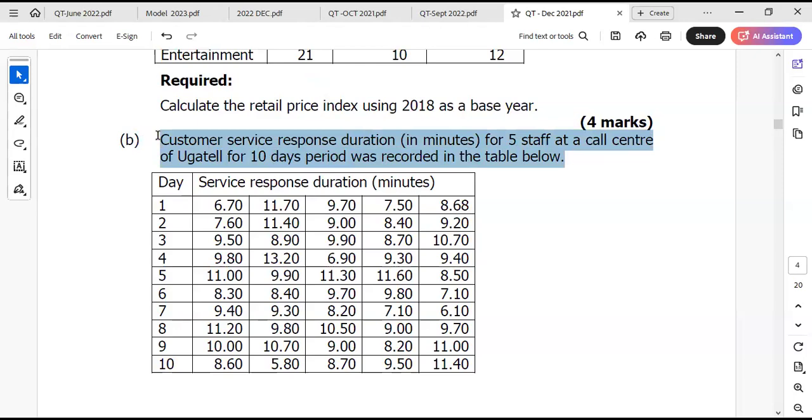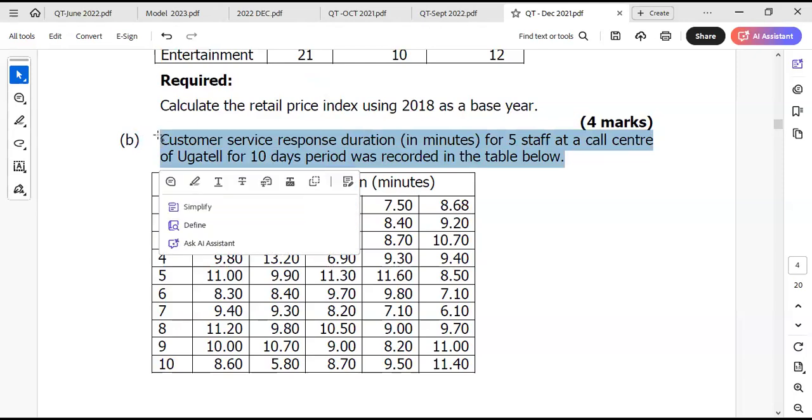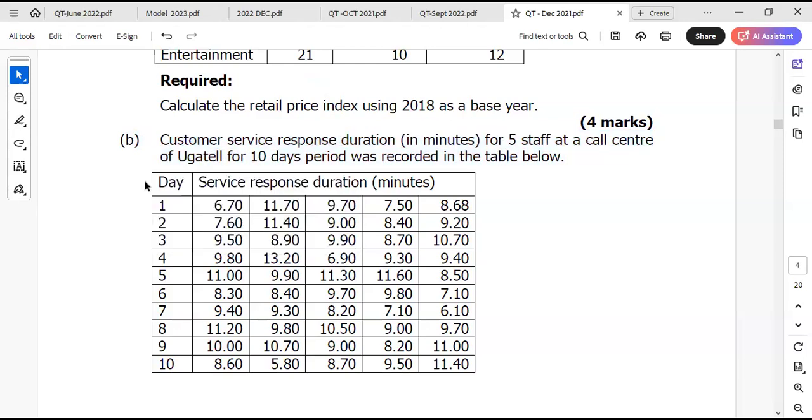Colleagues, always know, you are the person recording data, or making the observation. What is your focus? What are you actually recording? What are you actually observing? You are observing the customer service response duration. These are staff at a call center.